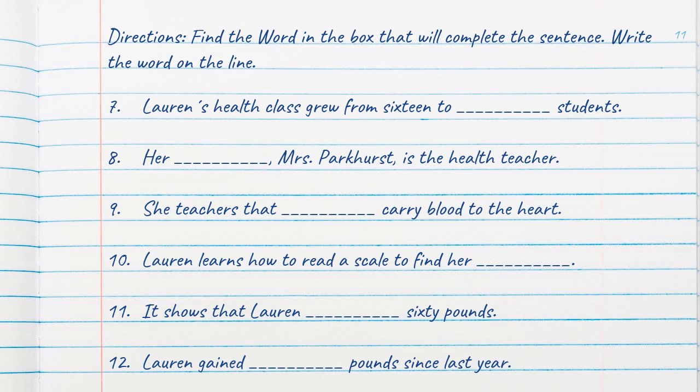A, E, and I together sound like an A. For example, in eight, you can hear that A in there, but it's actually an EI. Okay, we have eight, eighteen, neighbor, veins, weigh, and weight.